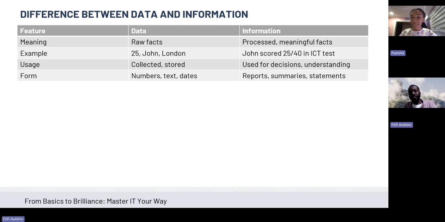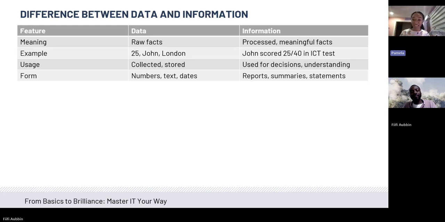So data is a raw figure or fact on its own. It can stand on its own. Data can be any meaning. But because data can be any meaning, you have to process that data to get the particular information you're seeking.